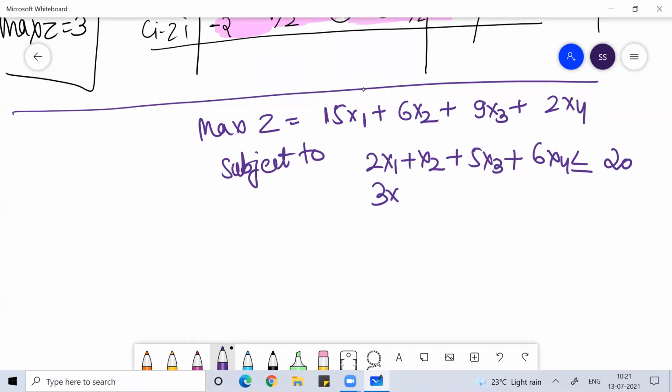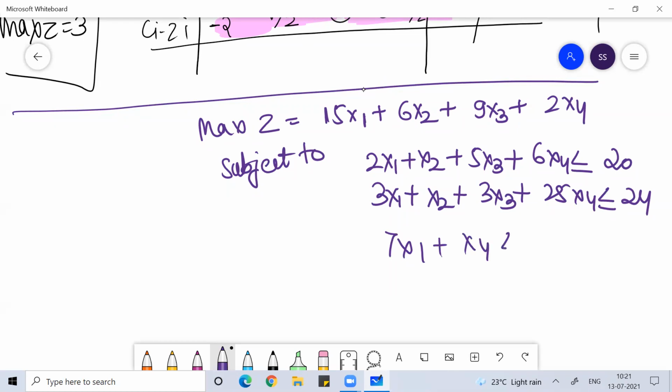Then 3x1 plus x2 plus 3x3 plus 24x4 is less than or equal to 24. 7x1 plus x4 is less than or equal to 70. Then x1, x2, x3, x4 should be greater than or equal to 0.